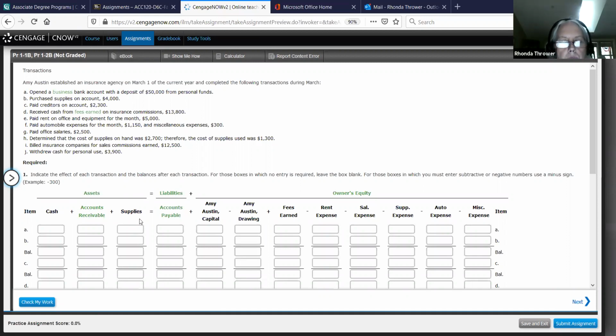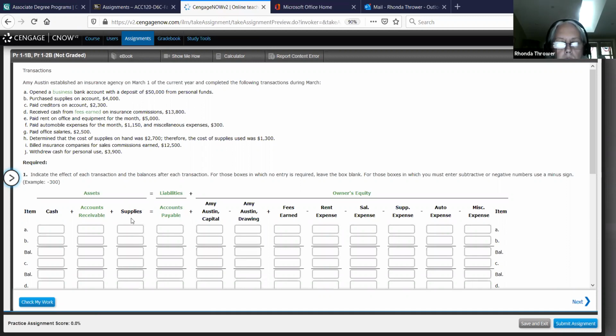Supplies is what we refer to as a prepaid expense, and as we discussed in our previous recording, prepaid expenses are expenses that we have purchased ahead of time that are recorded by our business as assets to start with. Once they become used, we will record the used portion in the expense section, but we cannot record them as expenses until we have used them.